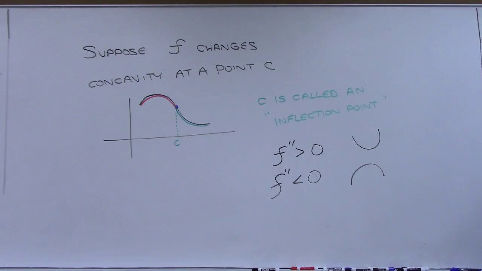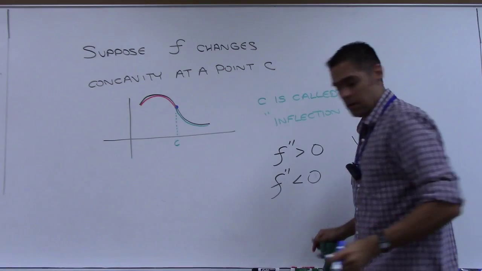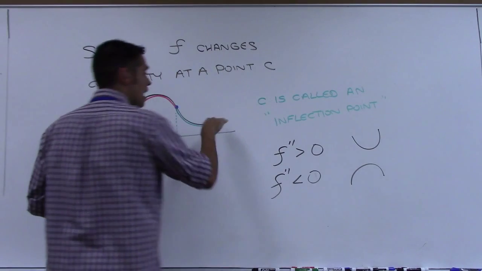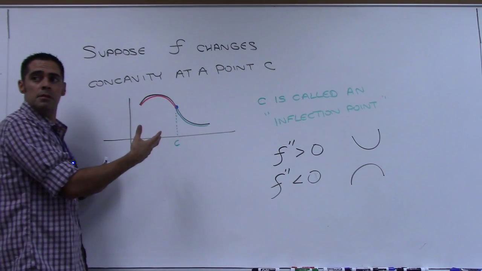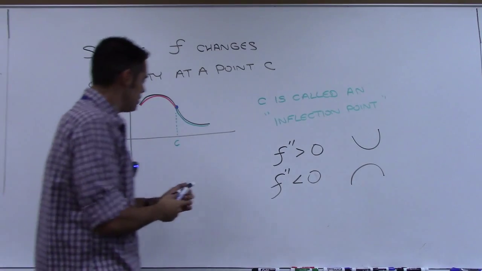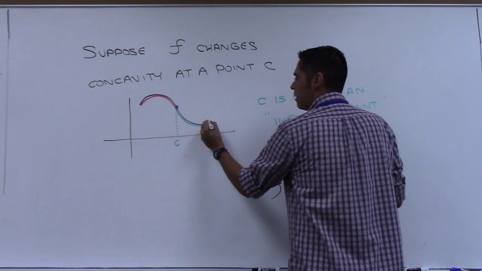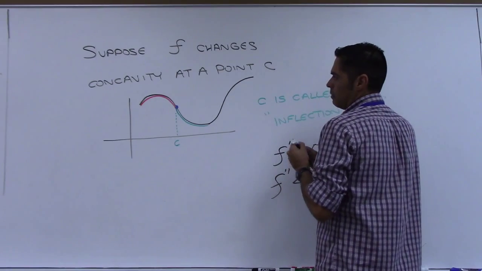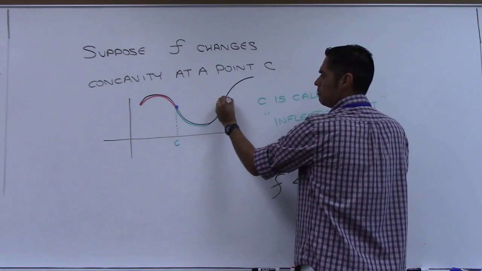So anywhere you have a change in concavity, you have an inflection point. So it can go from a frown to a smile or from a smile to a frown. So if I wanted to, I could extend this graph out a little bit to show you that we could have another inflection point like right here, somewhere in there.